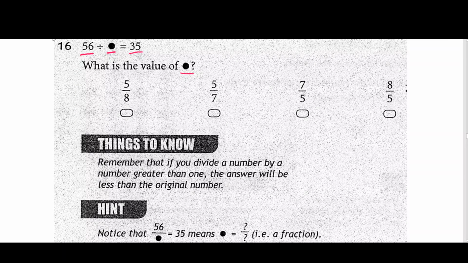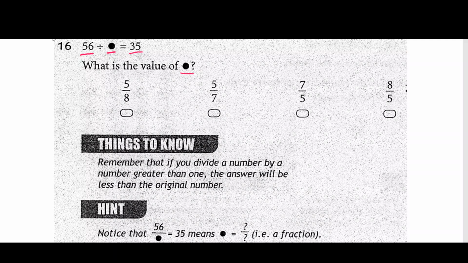So the first one is 5 over 8, or 5/8. And we've got 5 over 7, or 5/7. Or we've got 7 over 5 and 8 over 5.